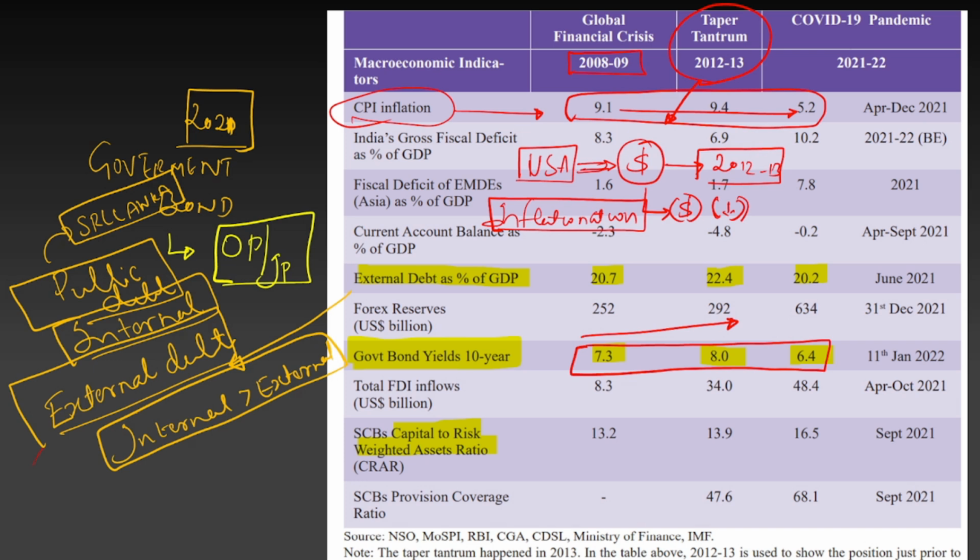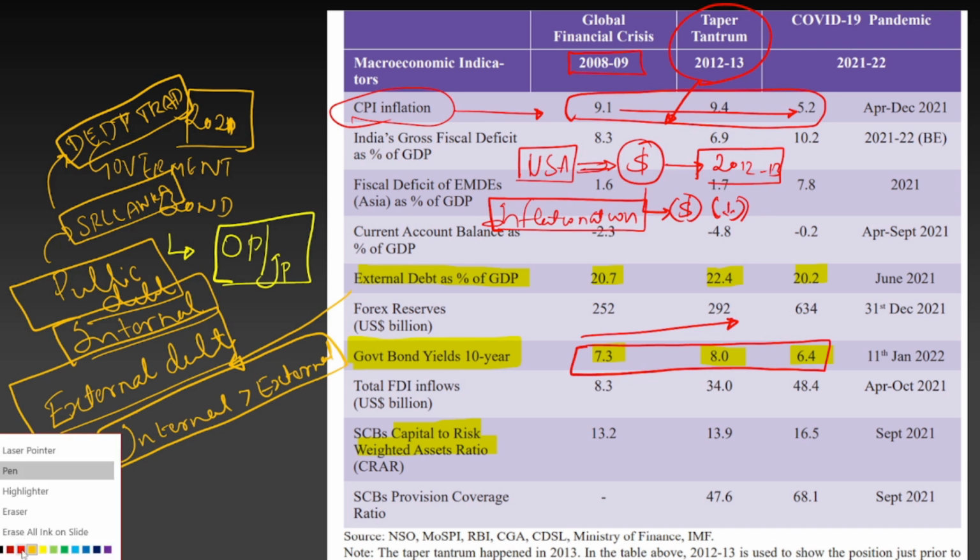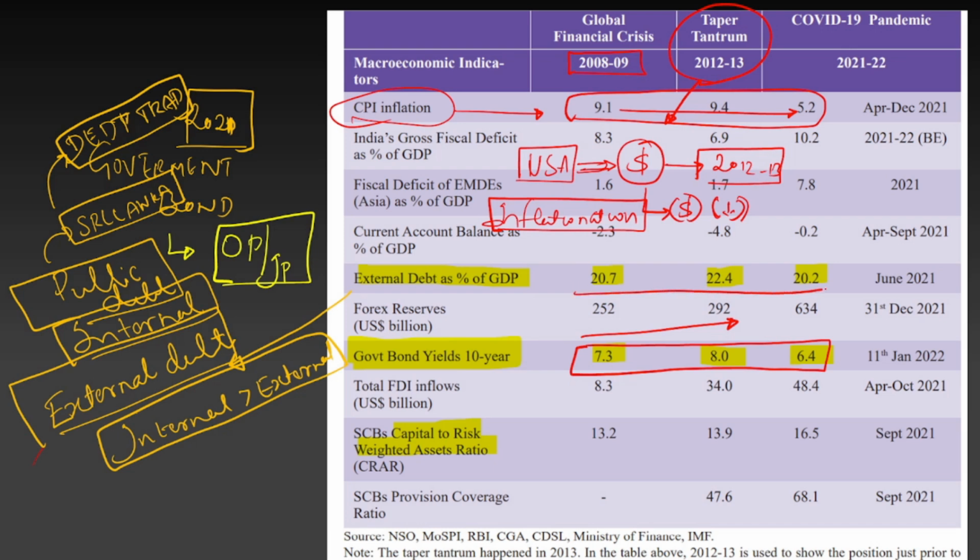Sri Lanka is called a debt trap, China's debt trap. That is a different thing, international affairs. China, through its Silk Route, has this concept of debt trap, and whichever country they go to, they make them indebted to themselves. But India, see, that is the point. The primary thing you have to note is that the external debt is around 20% of the GDP. This is the key that you have to note.